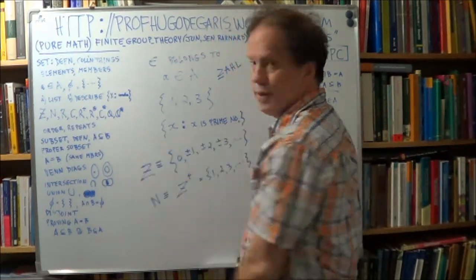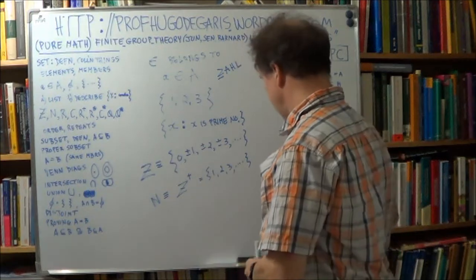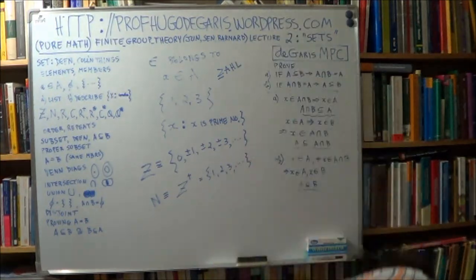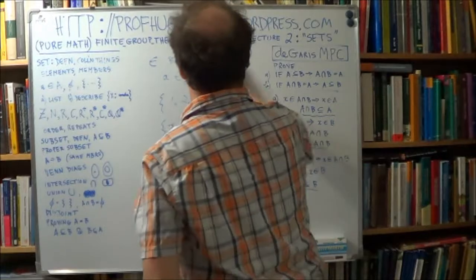Now Q is the set of all rational numbers. What's that?